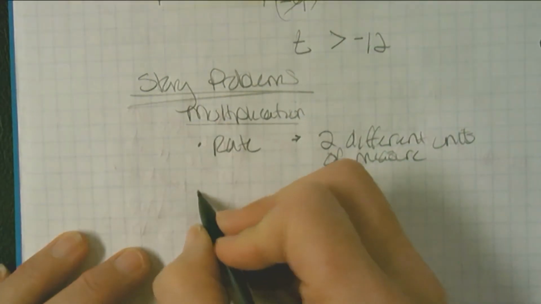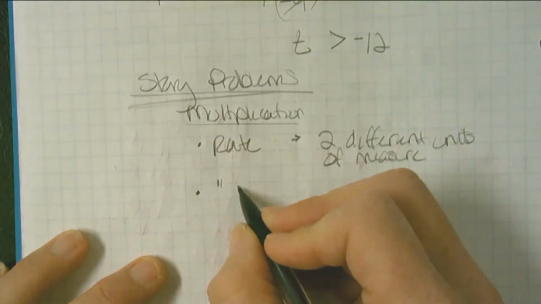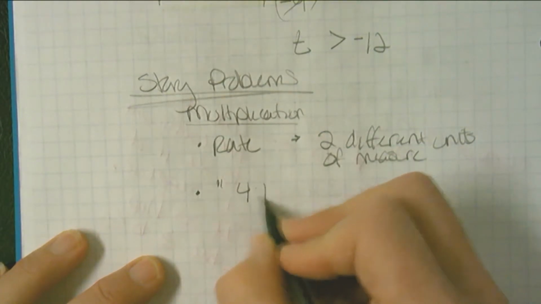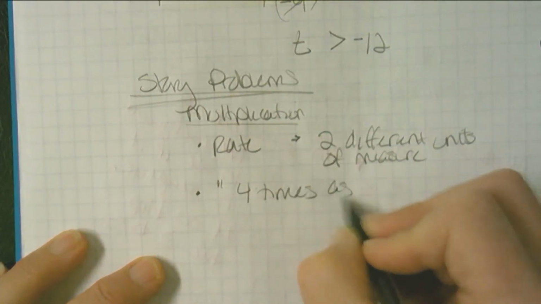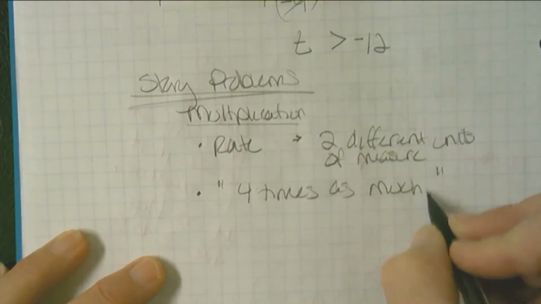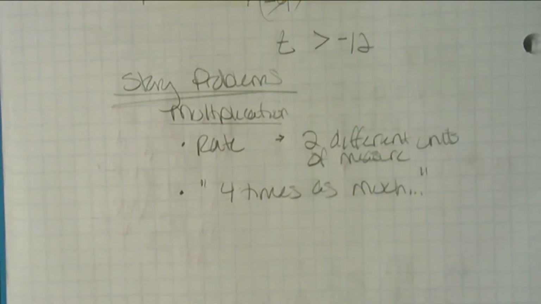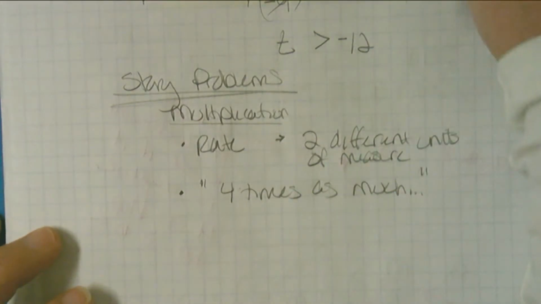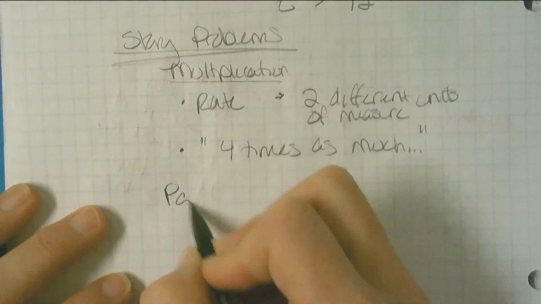Another thing that we could see is 4 times as much. That's something that we saw in our test. That indicates multiplication.